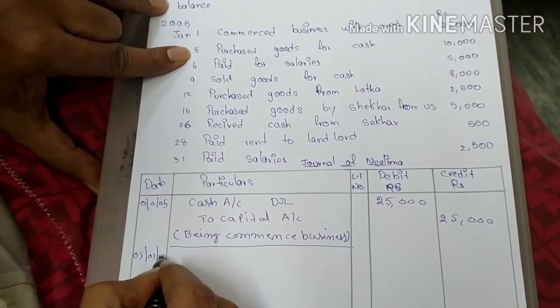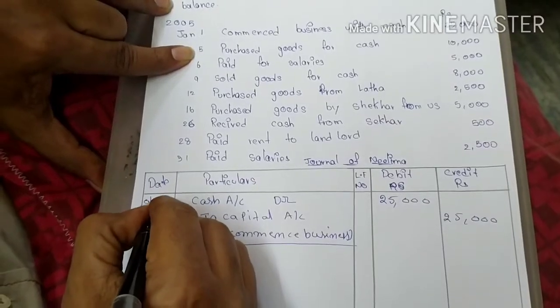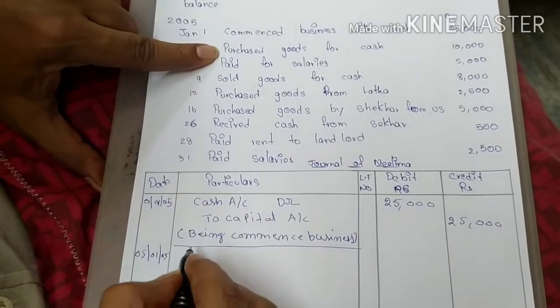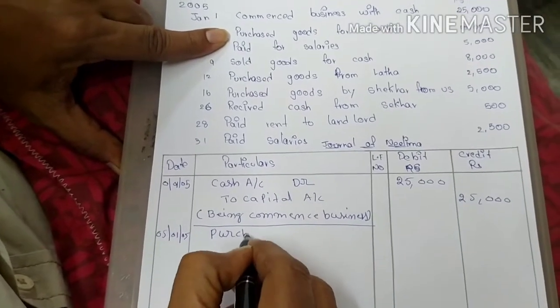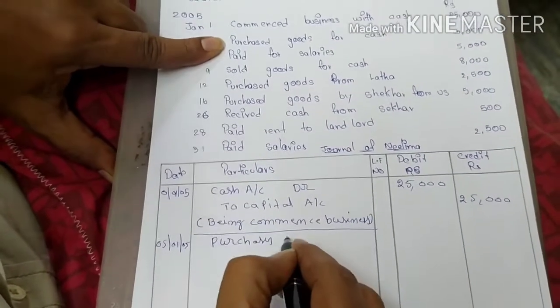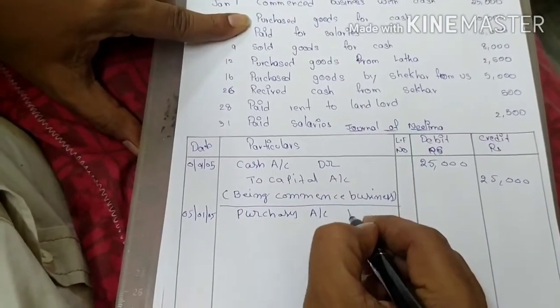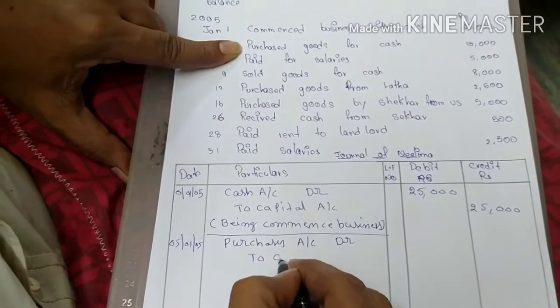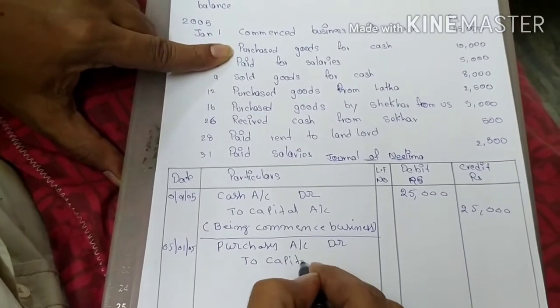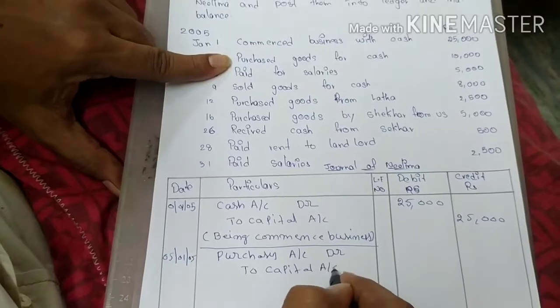Next, 5th January 2005, purchased goods. It means purchases account debtor to capital account.